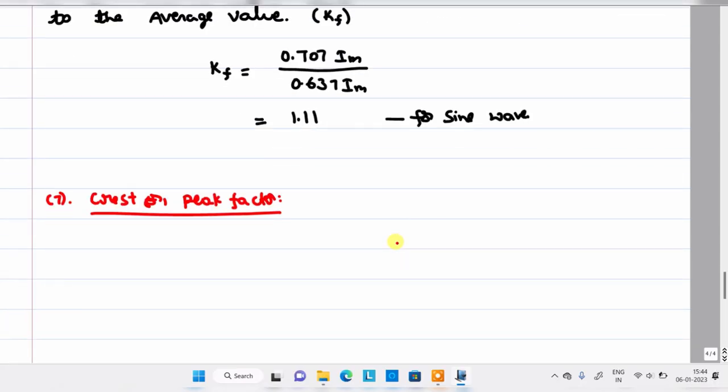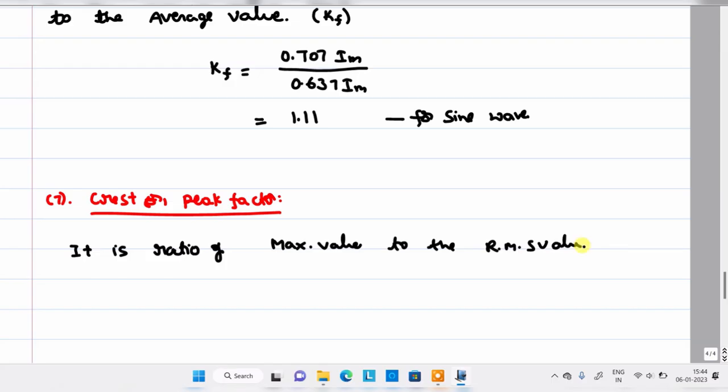Here it is a ratio of maximum value to the RMS value. Okay, it is represented by Kc.